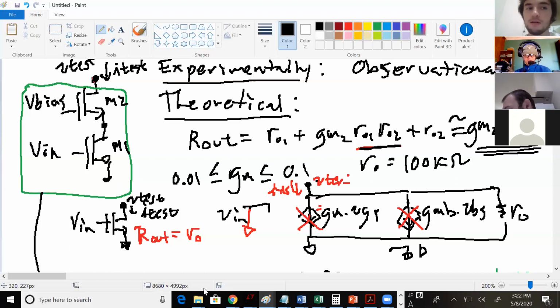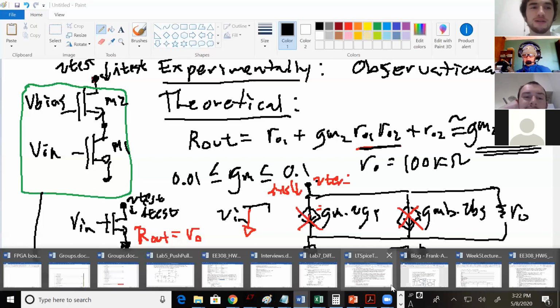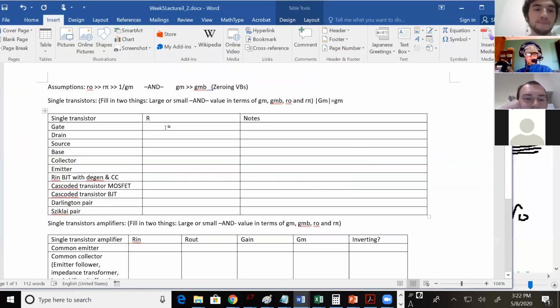Okay, so let's put that in our table. We just did a cascoded MOSFET, so that's GM, RO, RO. And we just did the drain, which was RO. Last time we did the collector also, that was RO.